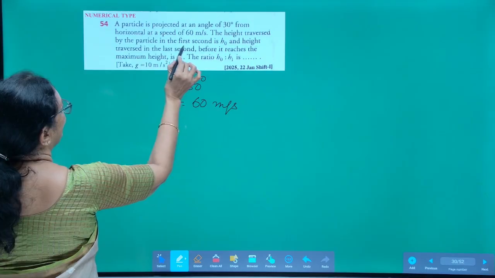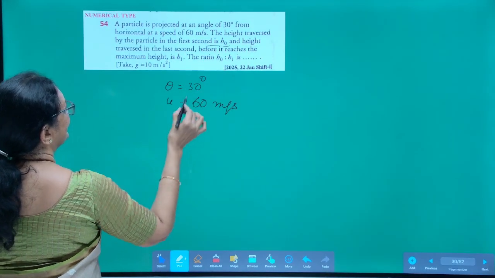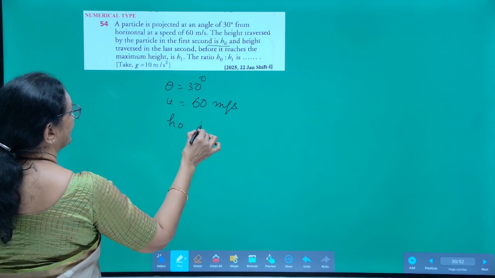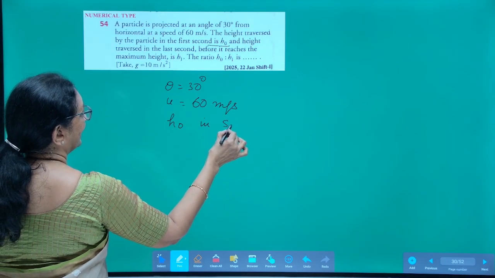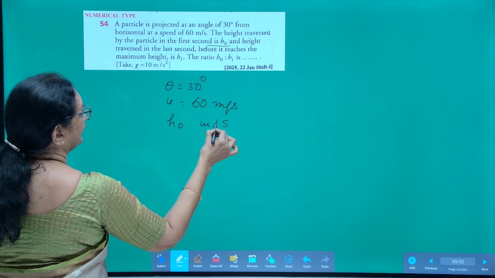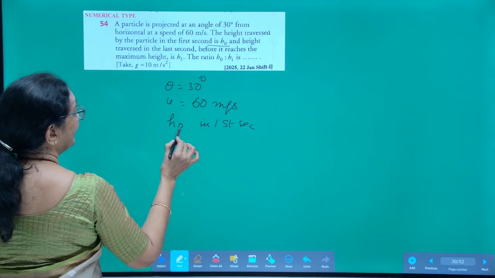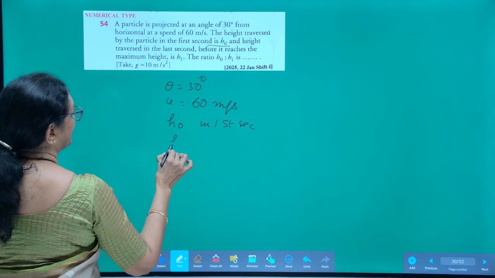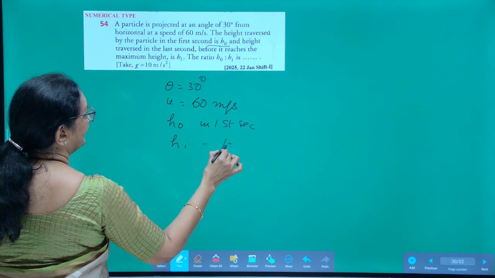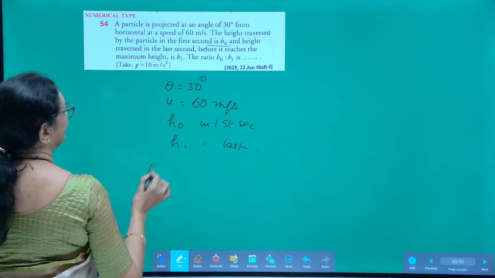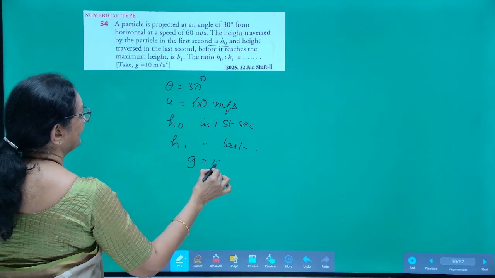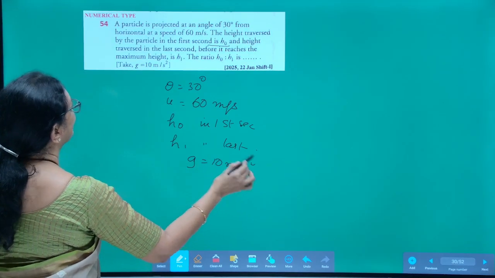Height traversed by the particle in the first second is h0, and height traversed in the last second is h1. Take g as 10 meter per second square.